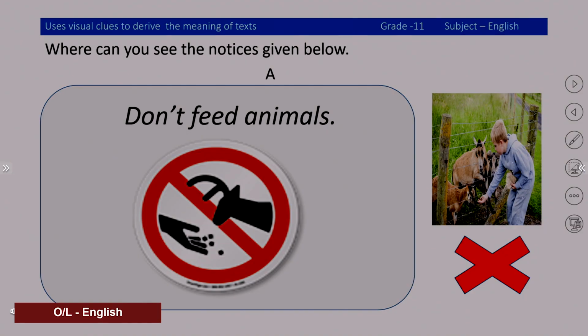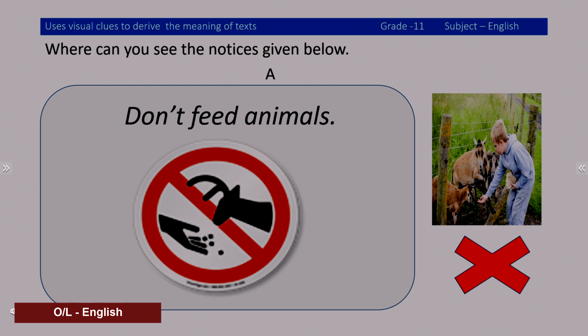Where can you see the notices given below? Observe carefully, each of these notices has a visual clue. So observe the visual clue carefully and then tell me where you can see these notices. I'm not going to help you with anything. Observe very carefully.